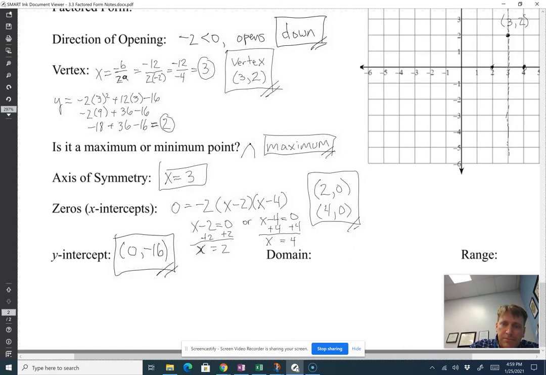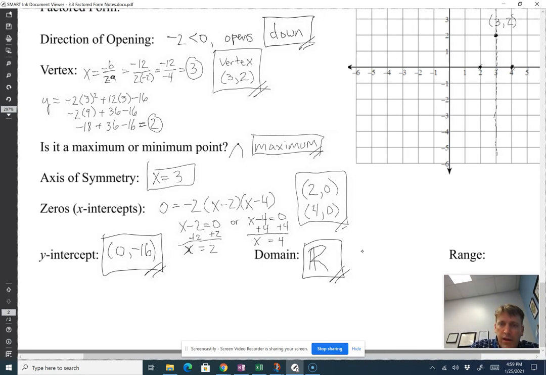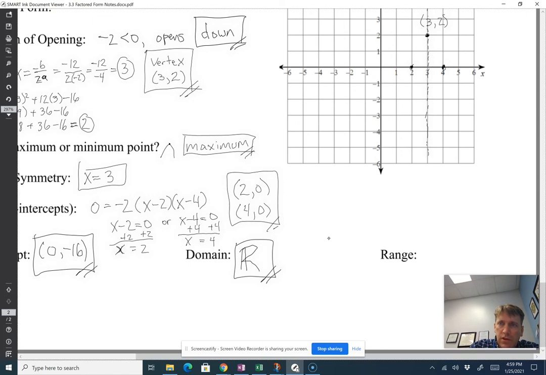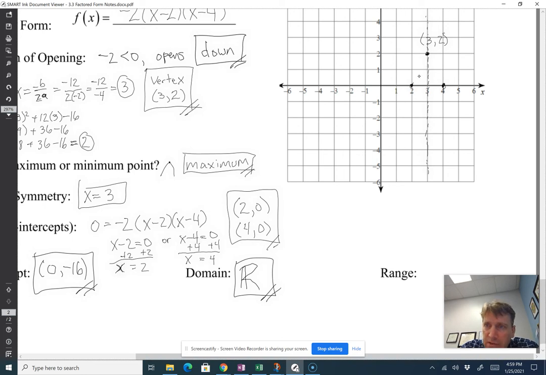And then our domain, as with all of our quadratic functions, is all real numbers. And then our range, let's graph this and then we'll come back to this. So I want to know what happens at 1. I can see what happens at 3, at 2, at 4, but now I want to know what happens at 1.